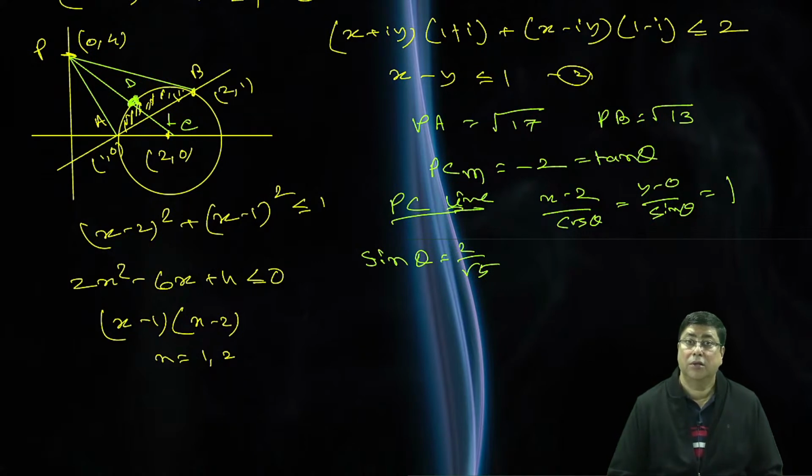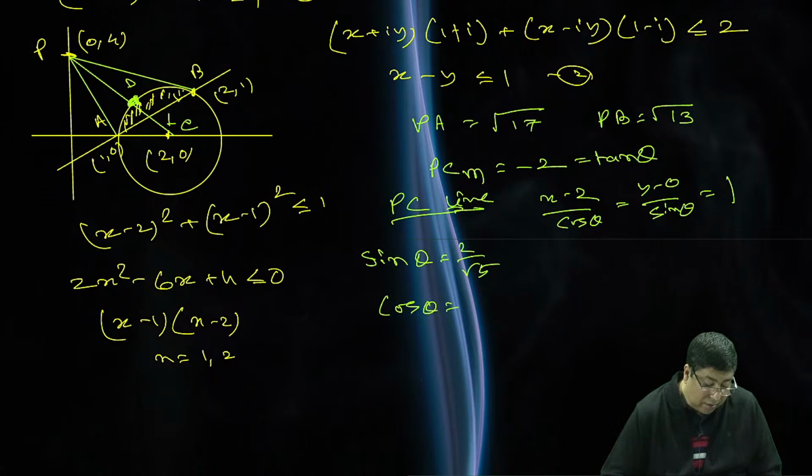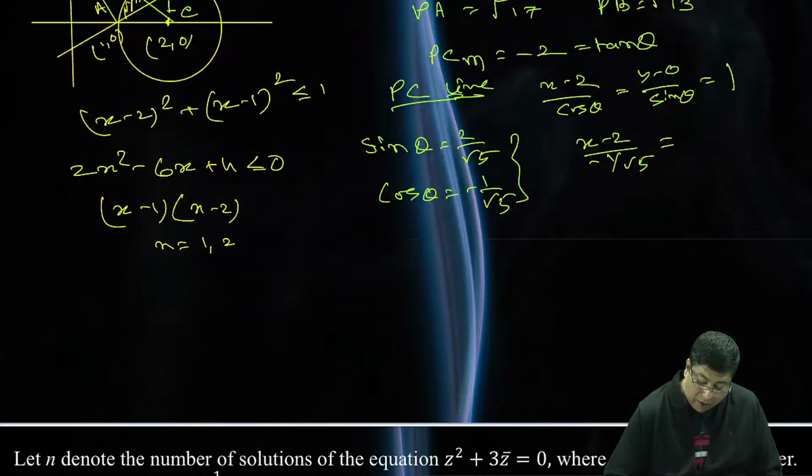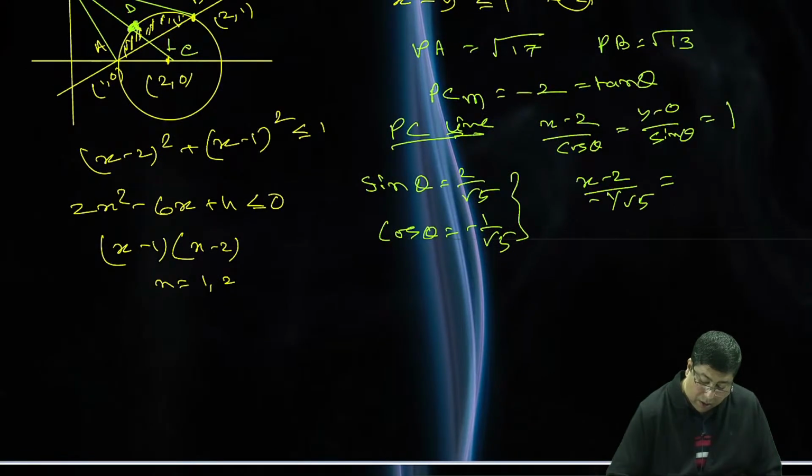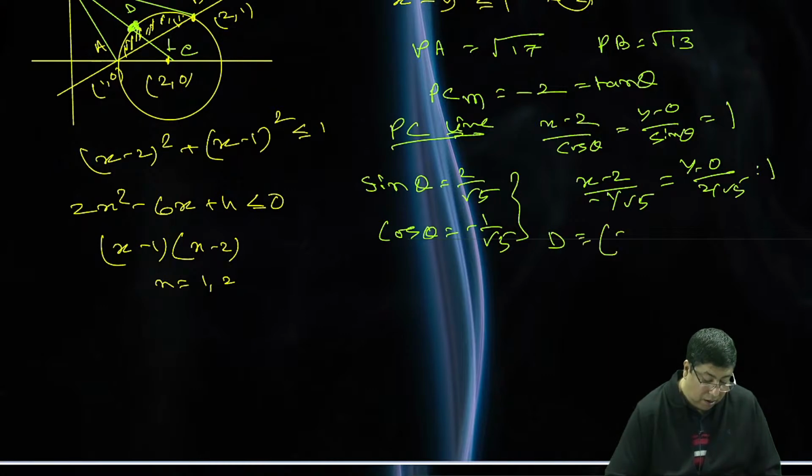So cos theta is minus 1 by root 5, and sin theta is 2 by root 5. Applying here, (x − 2)/(−1/√5) = (y − 0)/(2/√5) = 1. So the point D we can write as (2 − 1/√5, 2/√5).